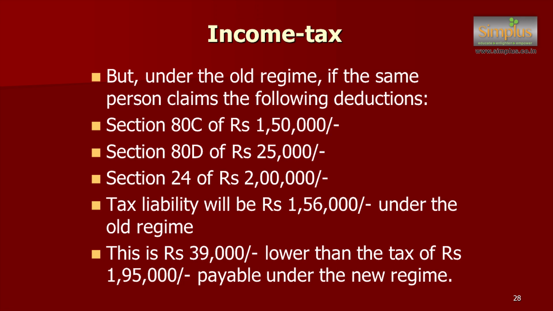It will drop to 156, which is 39,000 lower than the 195 she talked about under the new scheme of taxation. So like I told you, the whole value of the new system depends upon the extent of exemptions that you are claiming. Now the Hindu BusinessLine did quite a good job of coming out with a break-even rate analysis to help people decide.